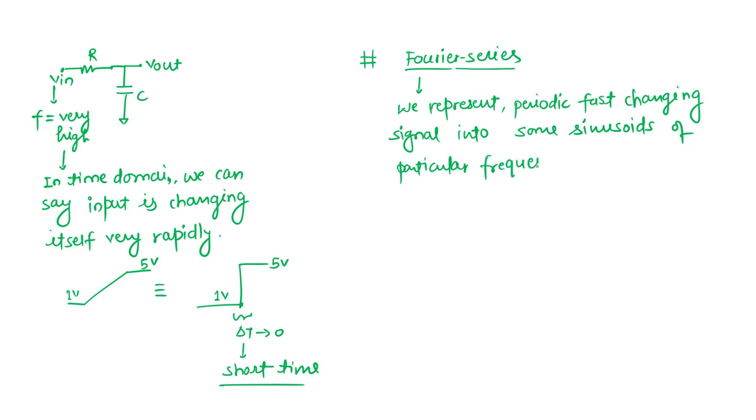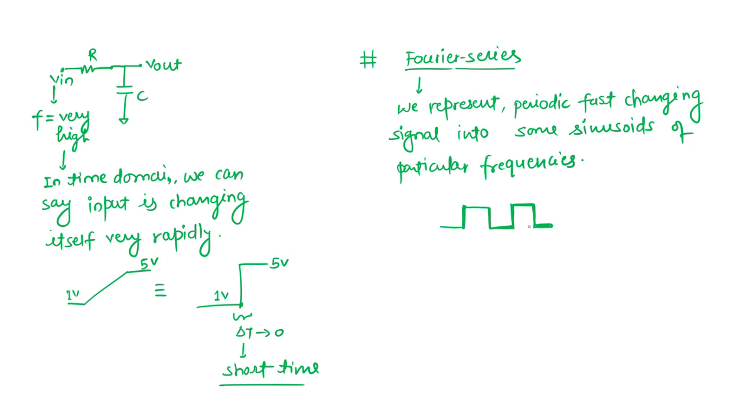What I mean to say is, suppose this is my rectangular pulse. When it makes itself rectangular, it means there is a sudden transition. Sudden transition means very high frequency. From this state to this state, I am going very fast, in zero time.